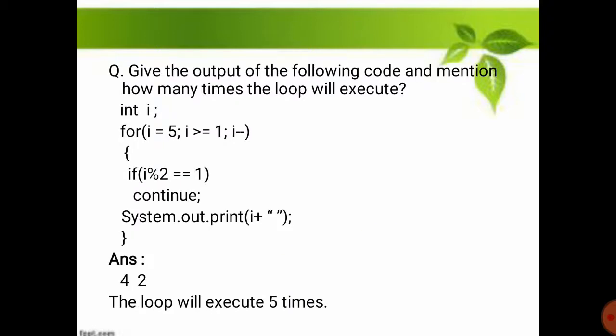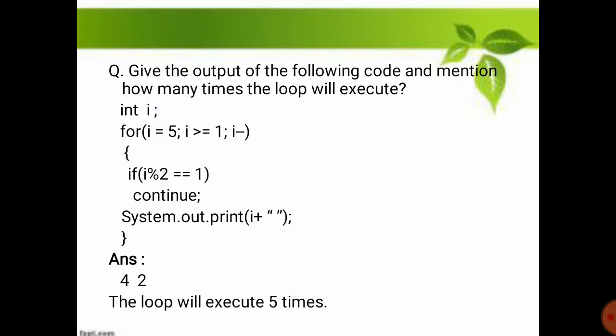Now question number 3: give the output of the following code and mention how many times the loop will execute. Int i. At first we have declared the variable i. Now the for loop: for i is equal to 5; i is greater than or equal to 1; and i minus minus.